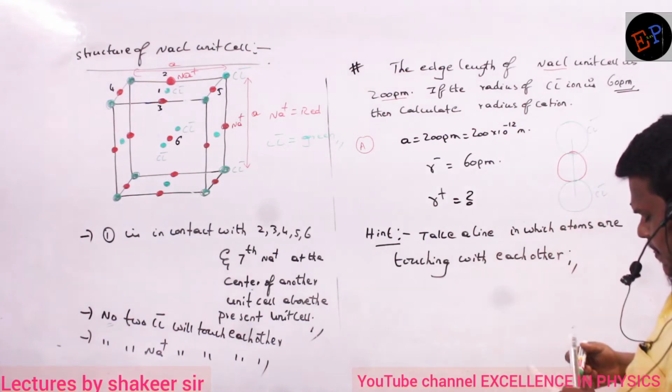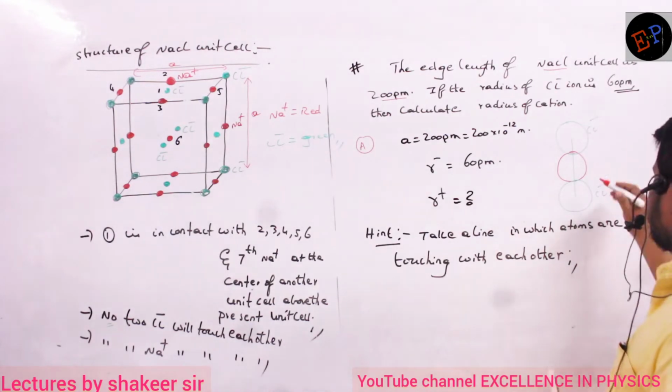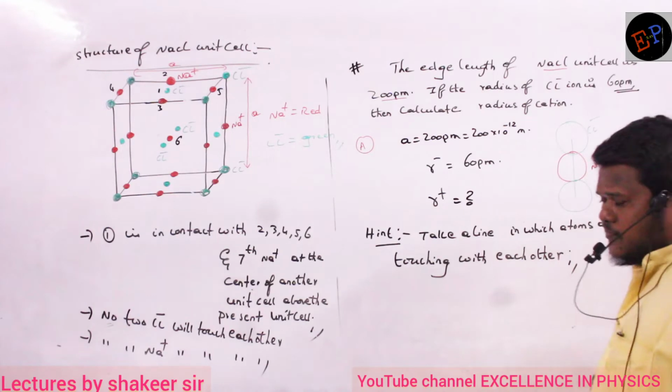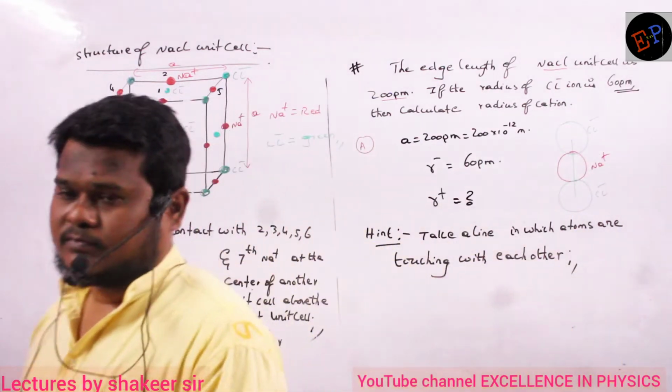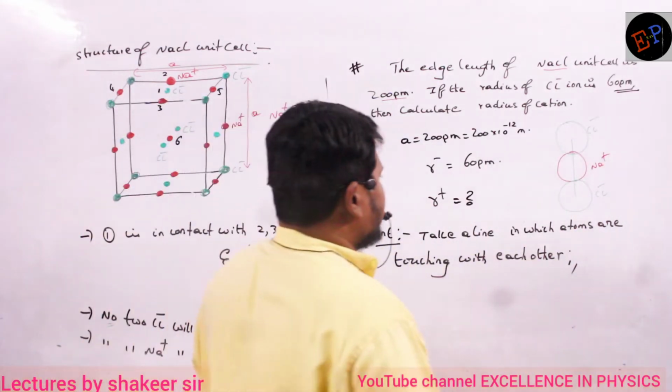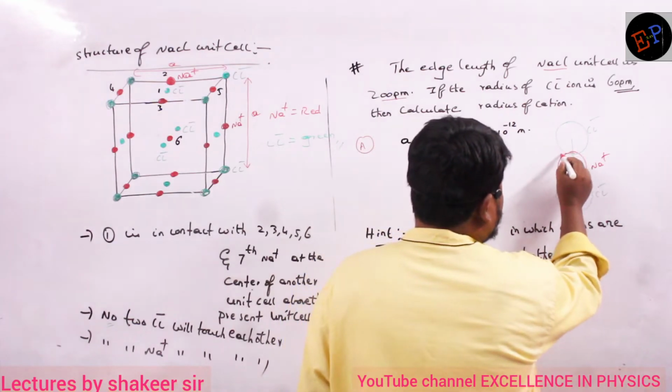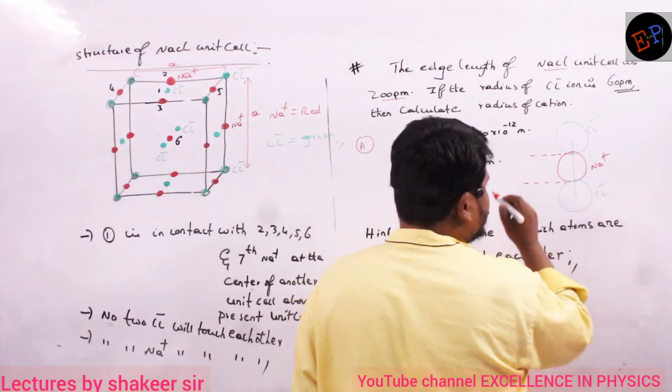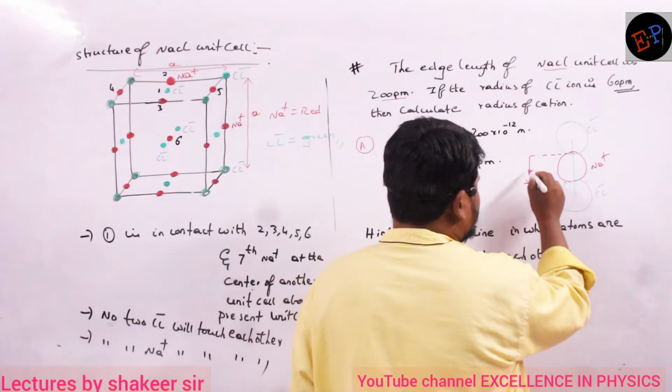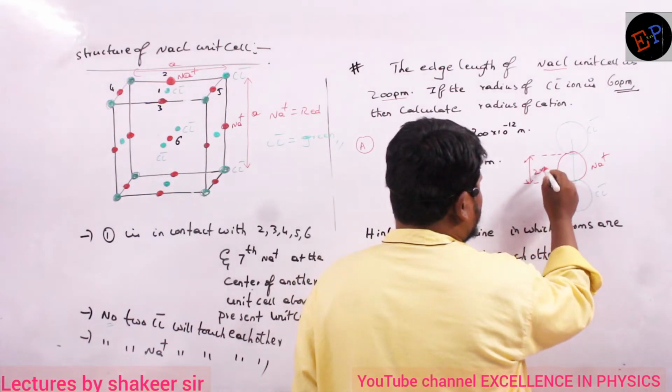And what about this one? This is Na plus. So definitely they are in contact with each other. Are you able to understand? Now see, what is this distance? This distance can be written as 2 times R plus.